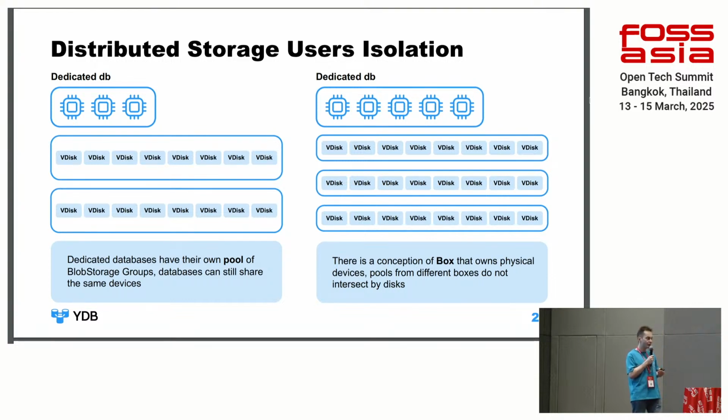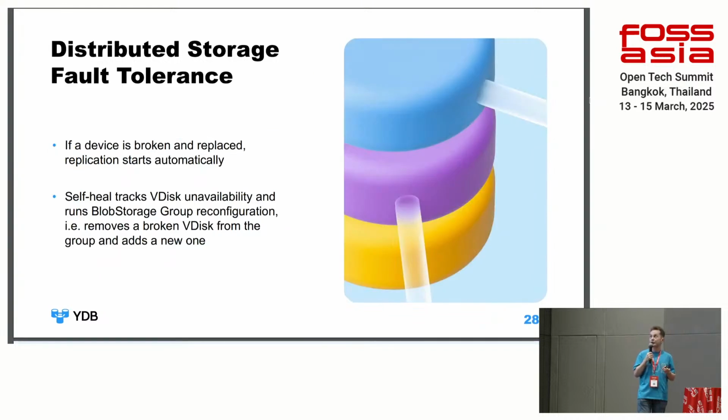And depending on your needs, you might set up this because it's resource efficient, or you might want another type of installation where you have no hardware shared at all. So it depends on your failure model. Distributed storage is really fault tolerant. Devices can be broken, they can be replaced.